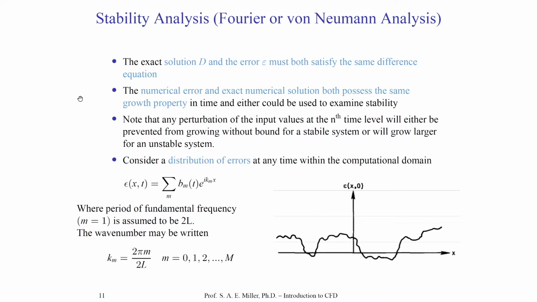That would be an unstable case. If I make the same perturbation and the solution decays back to its original form, that without the perturbation would be considered stable. Now, we could consider a distribution of errors instead of one particular error at any particular time level n within the computational domain.